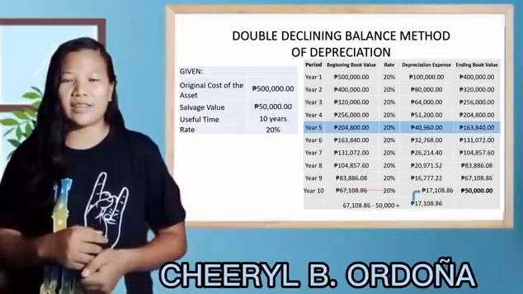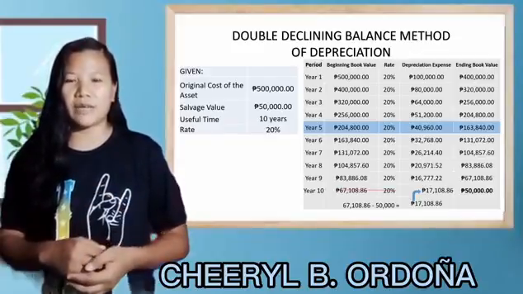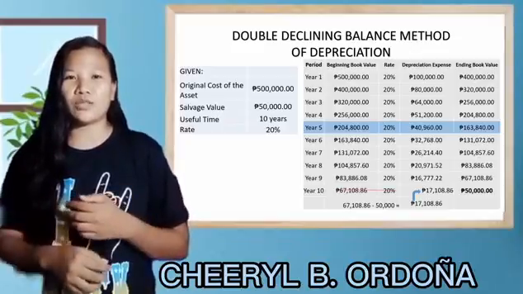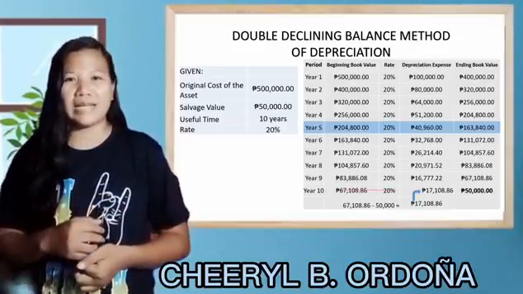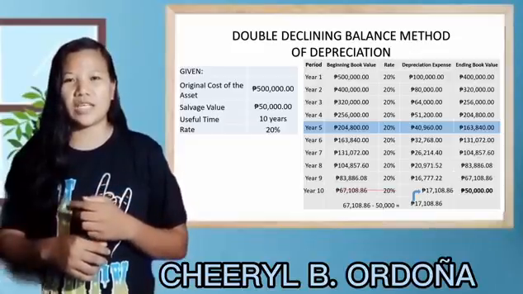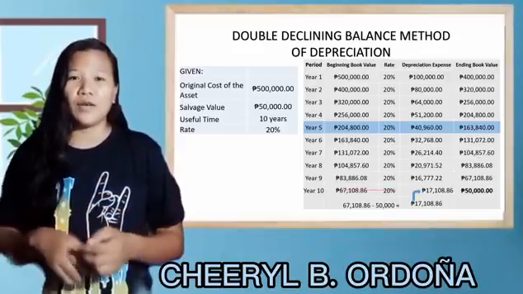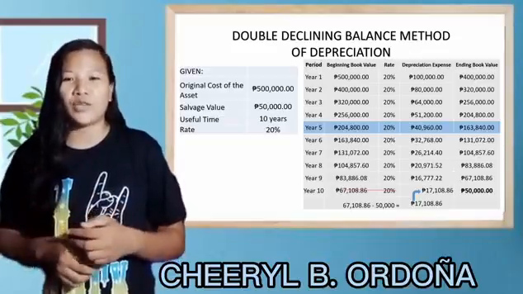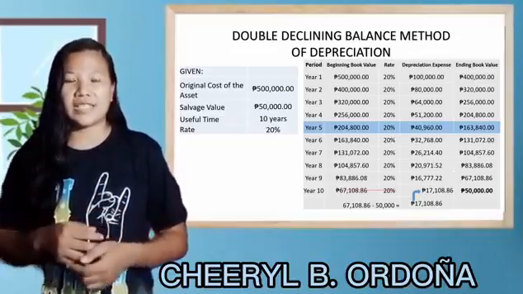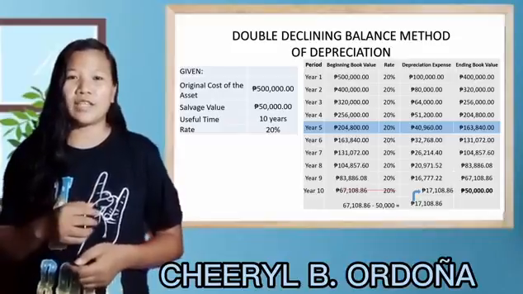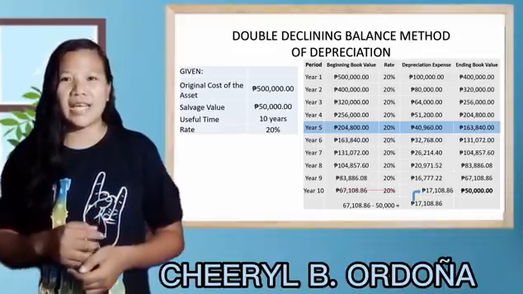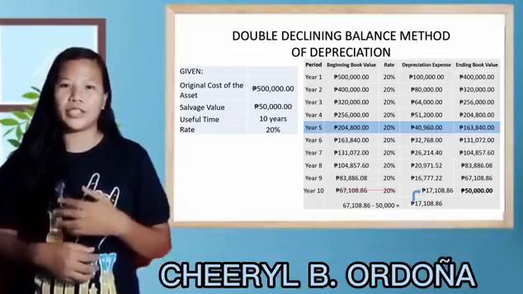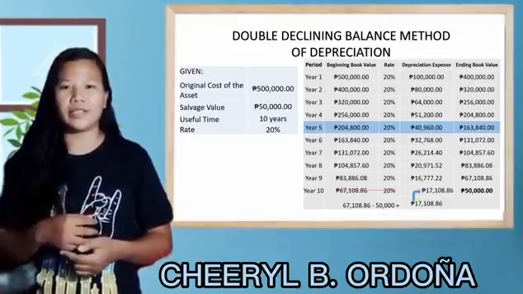And for the ending book balance, we are going to subtract the depreciation expense from the beginning book balance. Now, from year 1 to year 9, we are going to repeat the process in solving the depreciation expense and the ending book balance. Now, look at the year 10 or the last year.